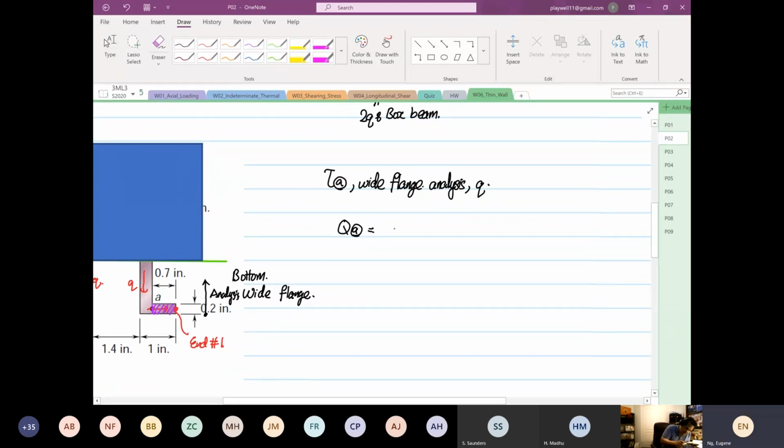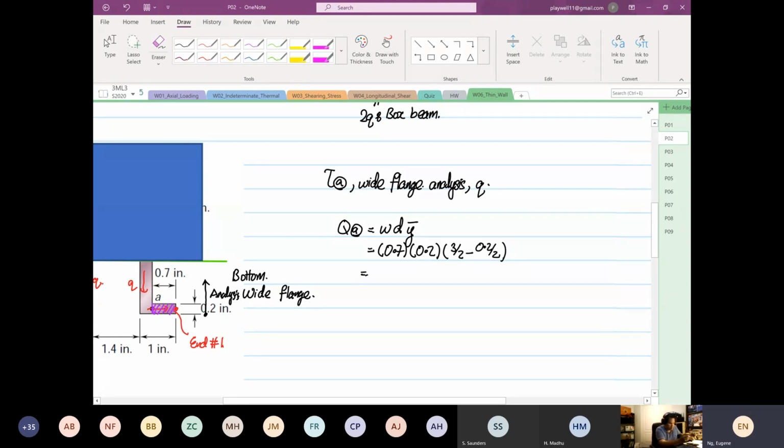So I like to do width, depth, y bar. So the width is 0.7. The depth is 0.2. The y bar is again 3 divided by 2 minus 0.2 divided by 2, right?